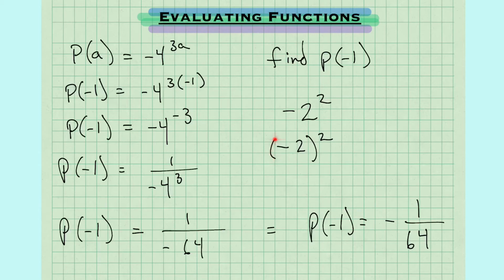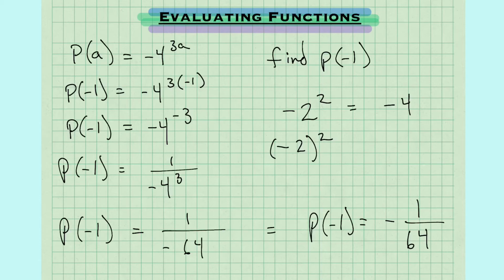See, this one has parentheses around it. This one is saying, if you're doing your order of operations, first you have to do the exponent and then you do the minus. So 2 squared is 4, but then that minus sign stays there. So this one equals negative 4.